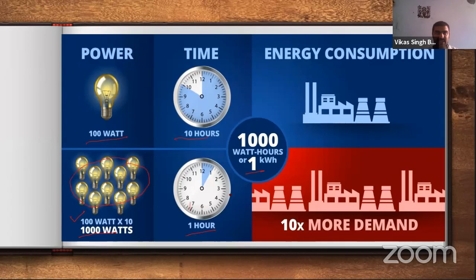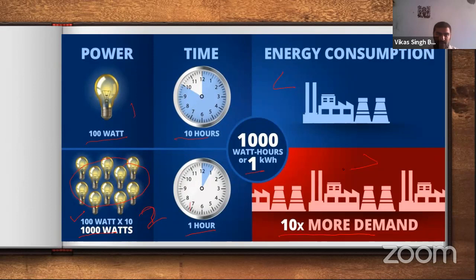In both cases, case 1 and case 2, the power consumption is 1 kilowatt hour, but in the second case the power demand is 10 times more as compared to case 1. This one is having less demand and this one is having more demand.